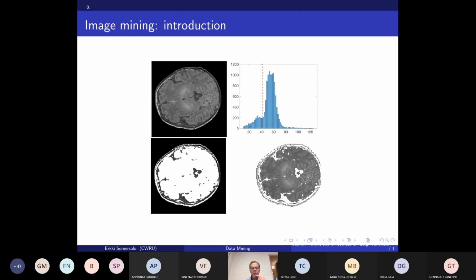Now, the value of the grayscale in your image may be informative. Let me give you an example. If you think of CT images like X-ray images, radiologists know what the grayscale value signifies. They usually refer to Hounsfield units, which means the absorption coefficient of a pixel.